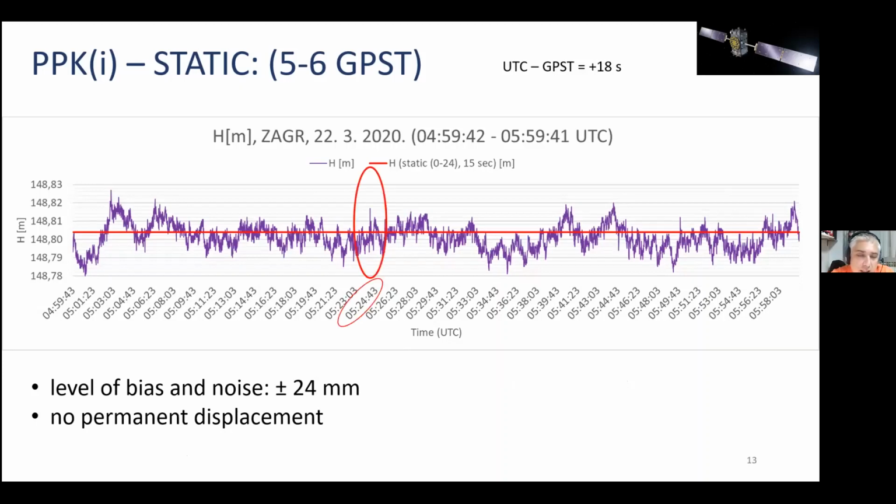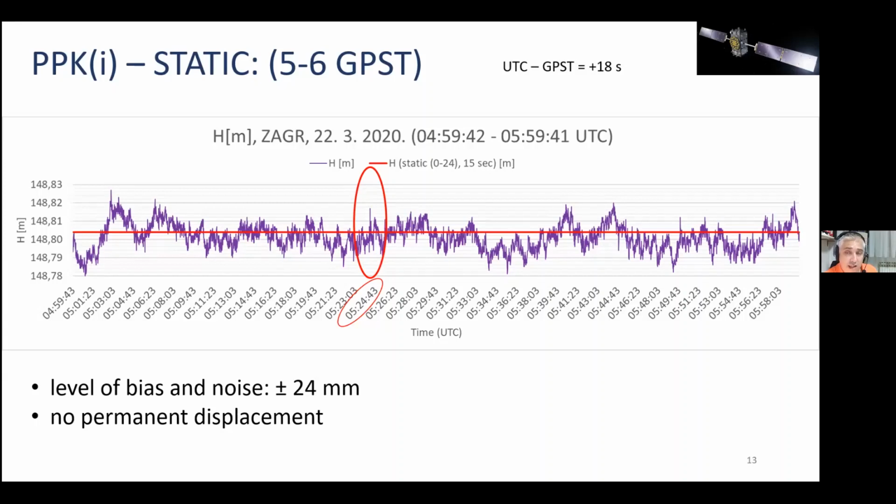We can see that at the instant of earthquake, there is no specific spike. So there is no big difference in comparison to the other results. And of course, we can see that there were no permanent displacement in terms of height.